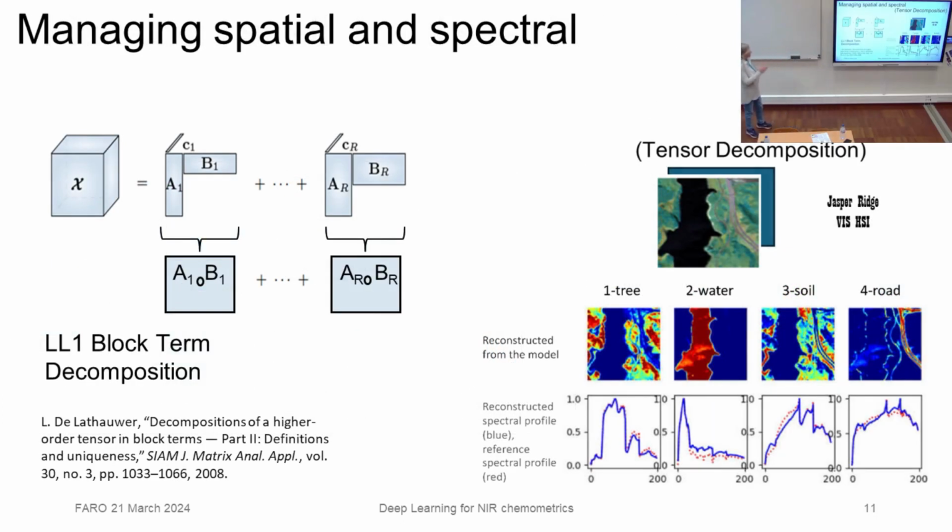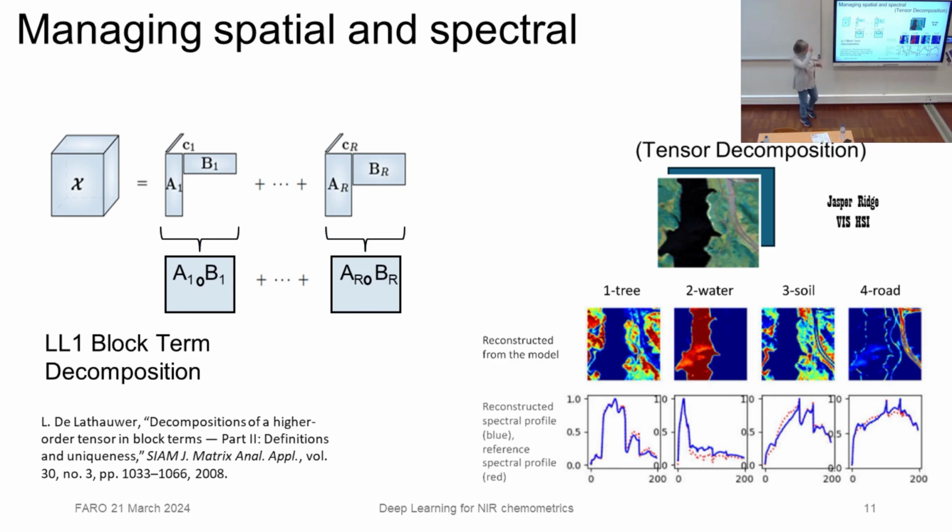Then, for managing spatial and spectral information, there are also several other proposals, and one of these is to use tensor algebra and tensor models. So we can actually see the image as a cube, and we can decompose the cube directly, taking into account both spatial and spectral dimensions by using tensor decomposition.